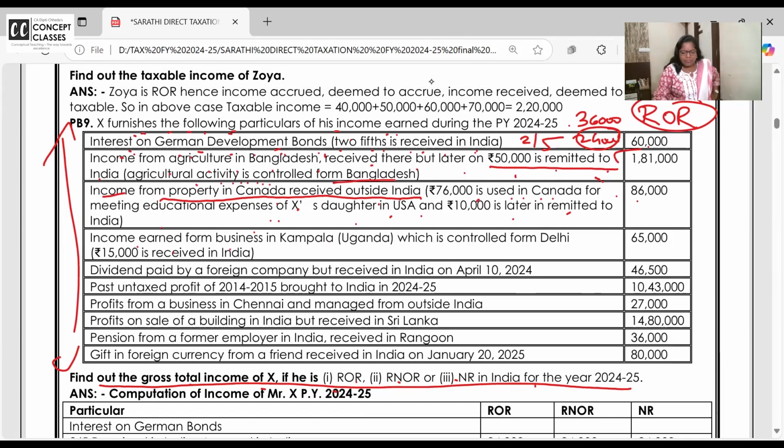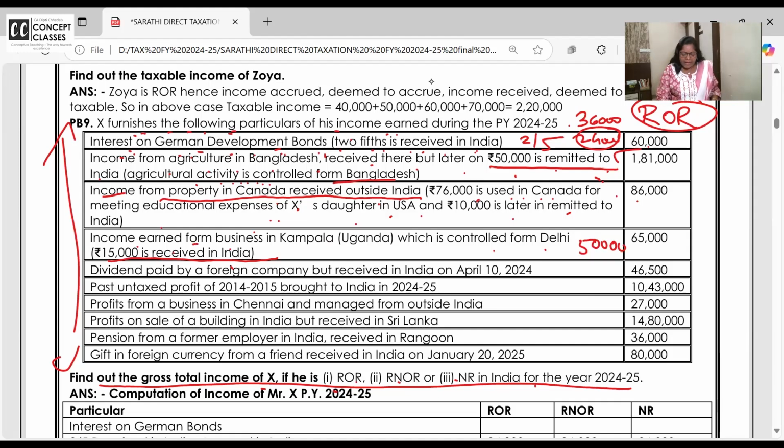Income earned from business in Kampala, Uganda, which is controlled from Delhi. 15,000 is received in India. The moment you see received in India, it is taxable for all. Ma'am, why? Income directly received in India is taxable for all. Now, remaining 50,000.